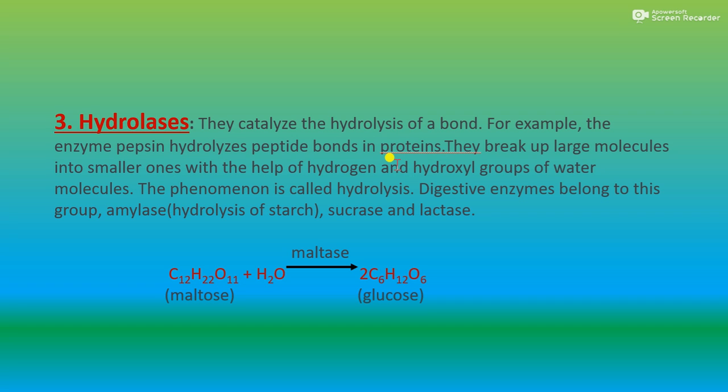Everybody knows that protein is a chain of amino acids. These enzymes break up large molecules into smaller ones with the help of the hydrogen and hydroxyl group of a water molecule. The phenomenon is called hydrolysis.